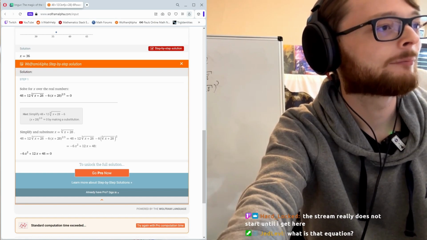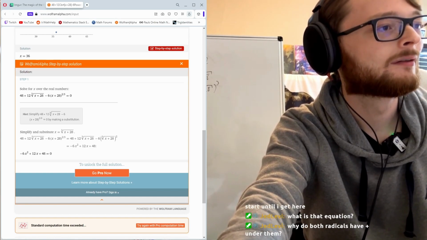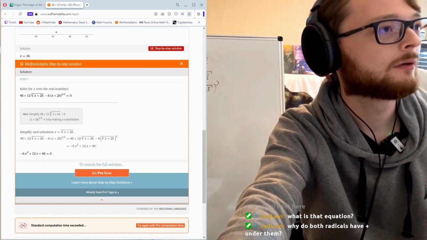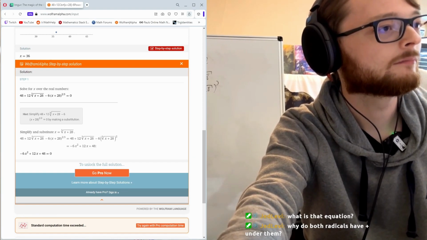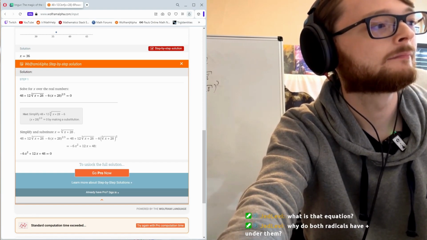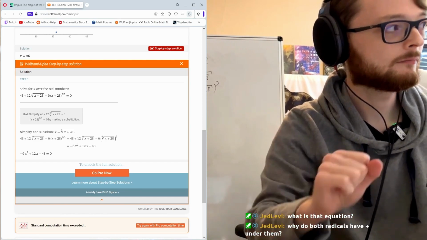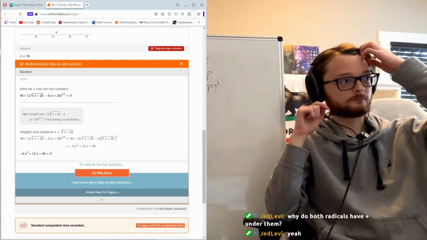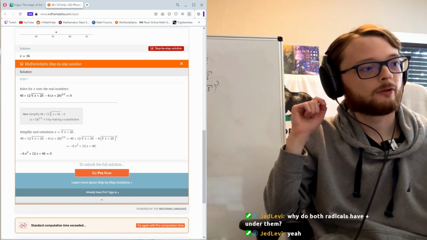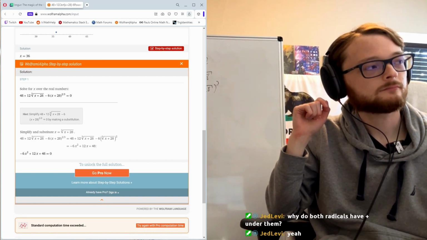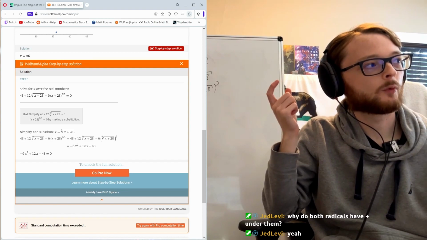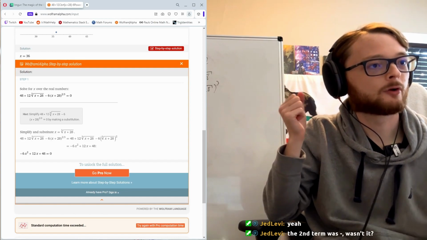Wait, do both radicals have plus under them? On Wolfram's view? Here? Oh, because we got rid of the one with the minus, because when we cubed each side, the one with the minus combined into the other terms.